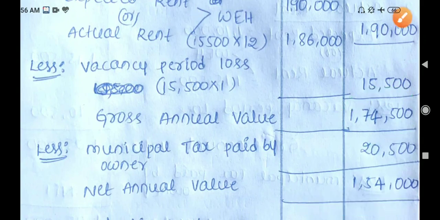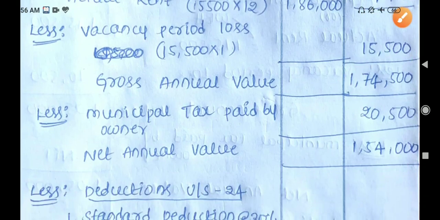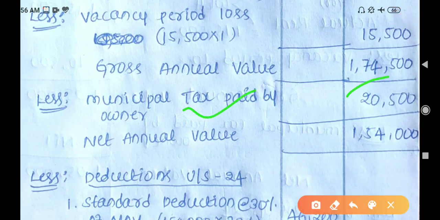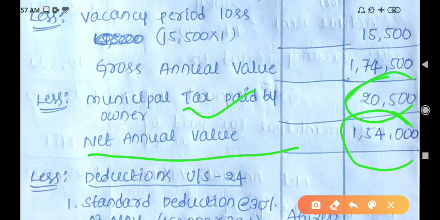And in that gross annual value you have to deduct municipal tax paid by the owner. Municipal tax paid by the owner in the question is 20,500. If you deduct that 20,500, you will get the net annual value, that is 1,54,000.